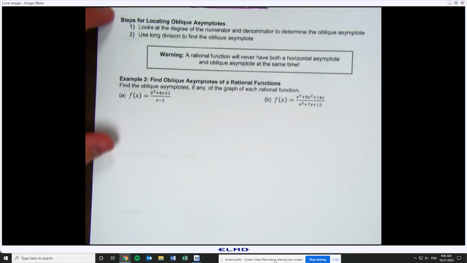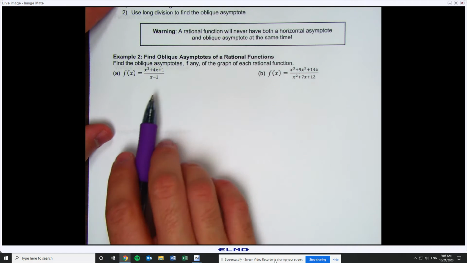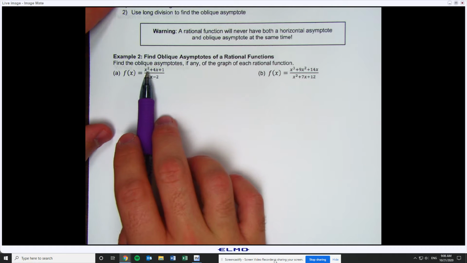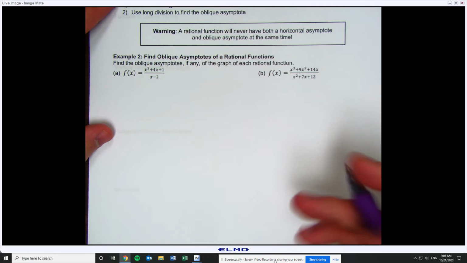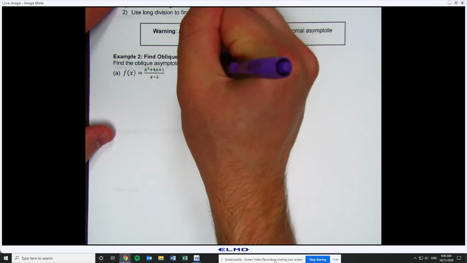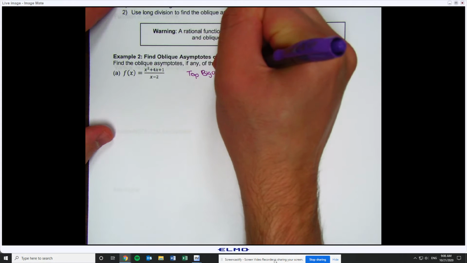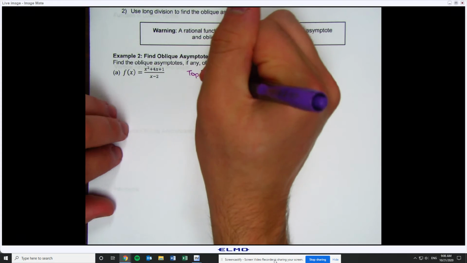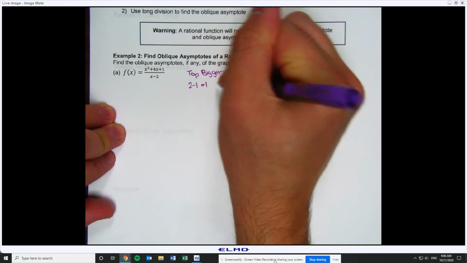Okay, so let's see how we can find some oblique asymptotes. Looking at this one, I see that my degree on top is 2, my degree on bottom is 1. So my top is bigger. And as far as this goes, I have 2 minus 1 equals 1.